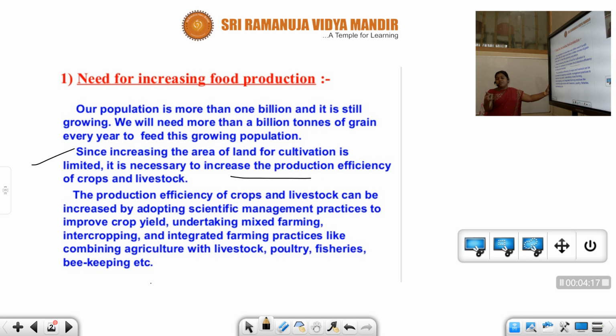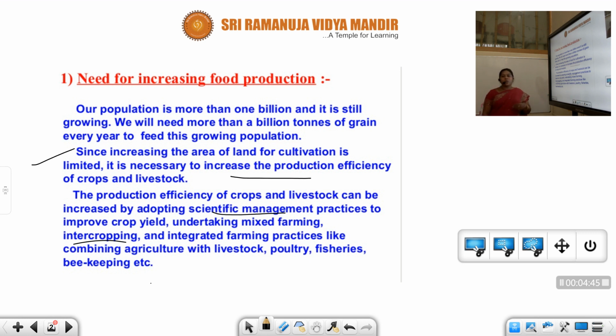So within the limited land, we need to concentrate on yield and production. The production efficiency of crops and livestock can be increased by adopting scientific management practices, improved crop yield, undertaking mixed farming, intercropping, and integrated farming practices like combining agriculture with livestock, poultry, fisheries, beekeeping and so on.